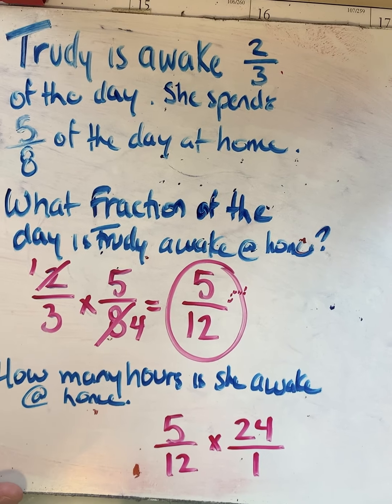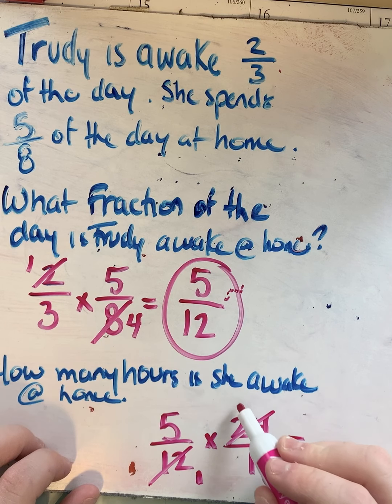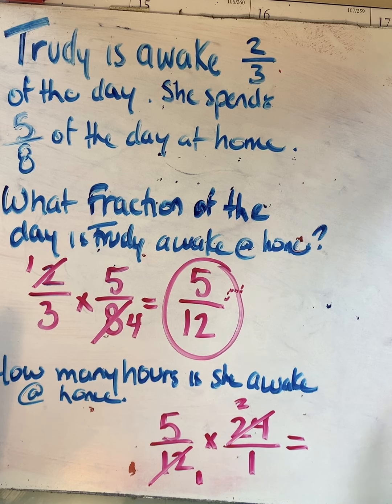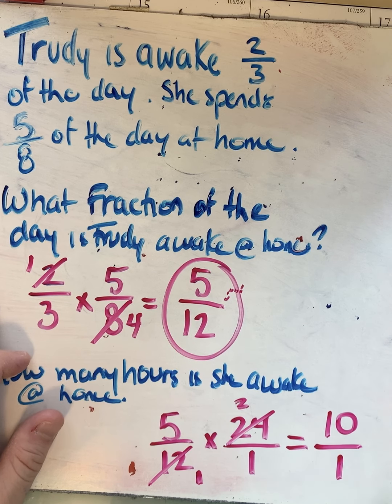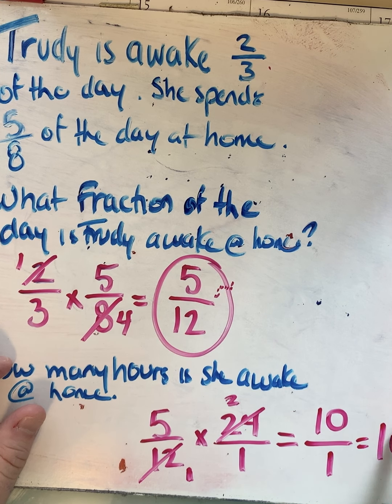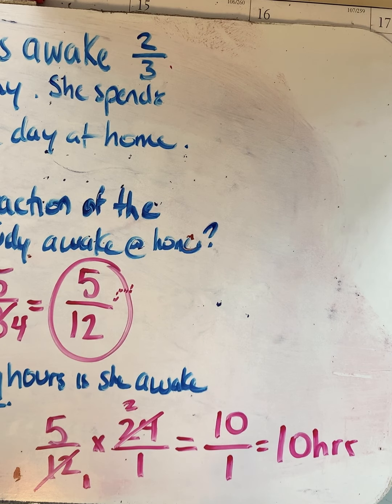I'm trying to find out how many hours she's awake and at home. Let's see if we can reduce. Oh, beautiful. I love it. So 12 goes into 12 once, and 12 goes into 24 twice. I've made my equation so much simpler now. So 5 times 2 is 10. 1 times 1 is 1. So I'm left with an answer of 10. And that represents the amount of hours that she is both awake and at home.